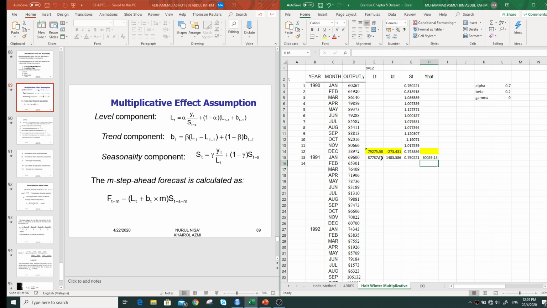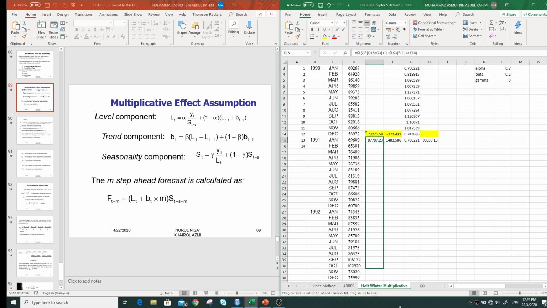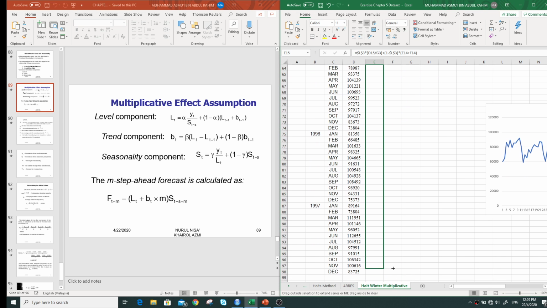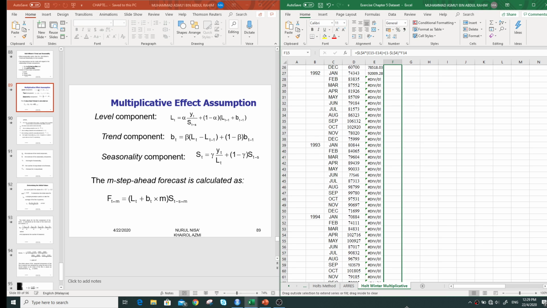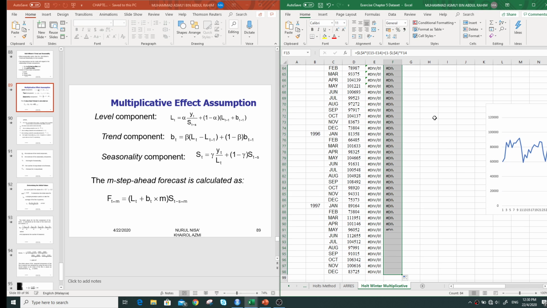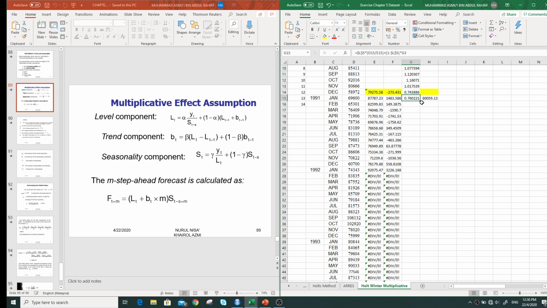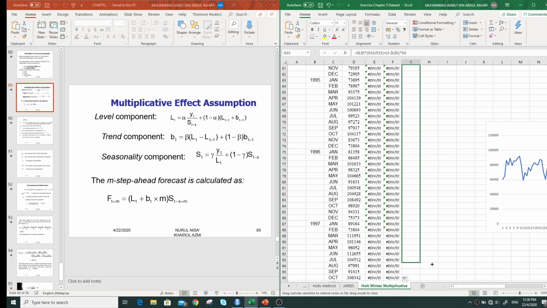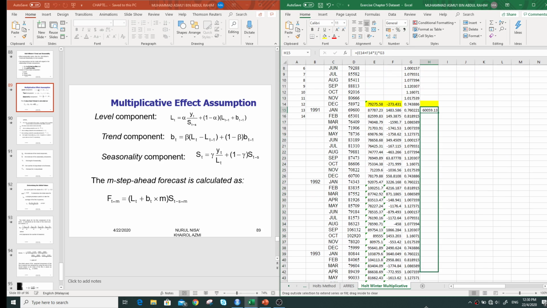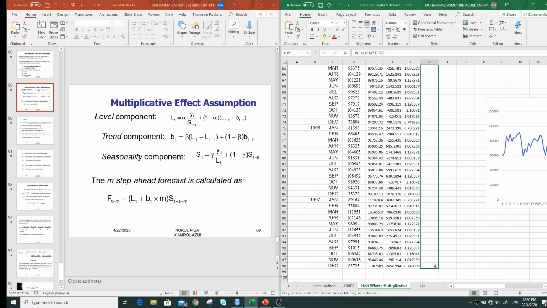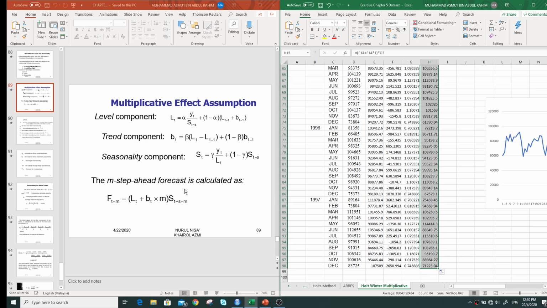Then you click enter, and then you just drag.